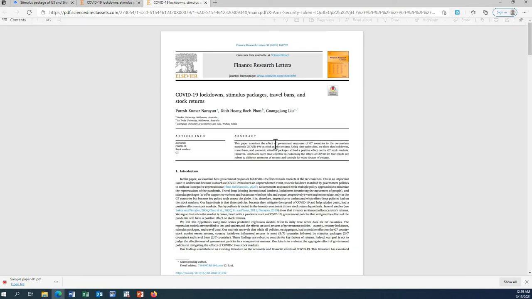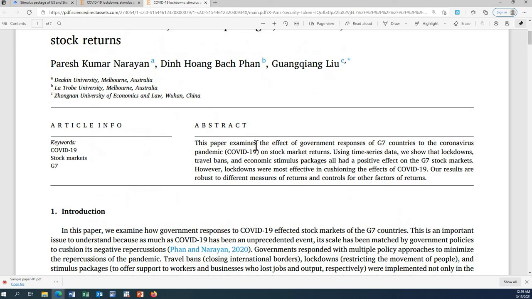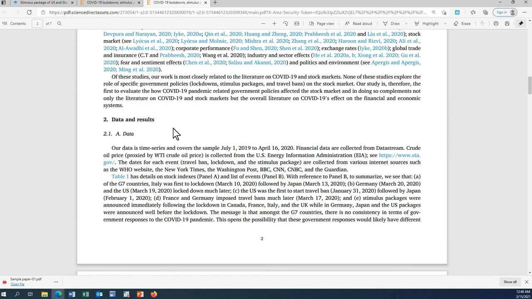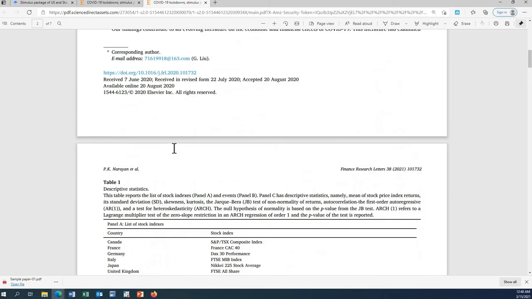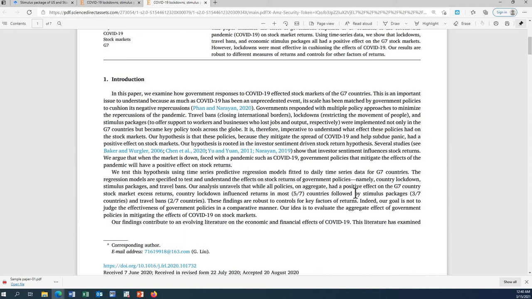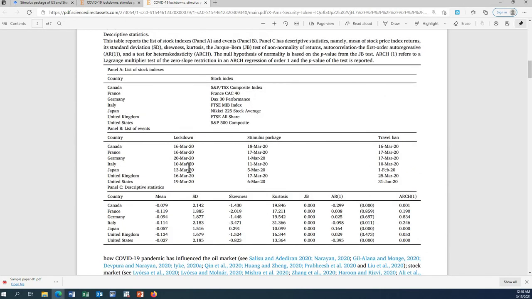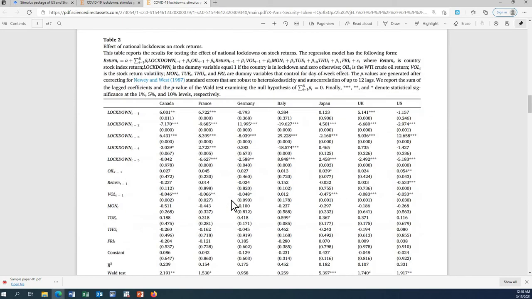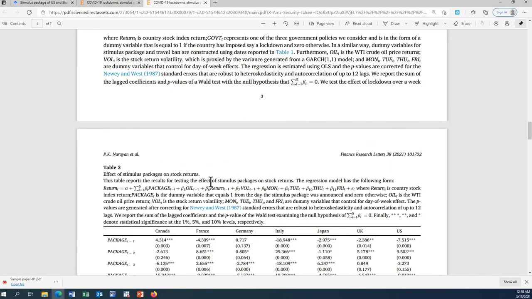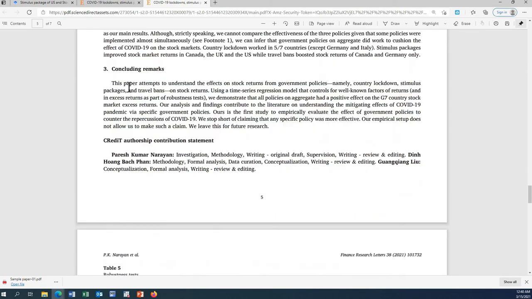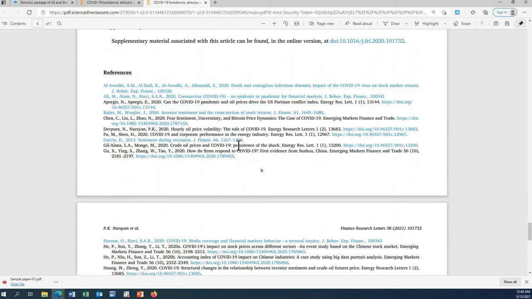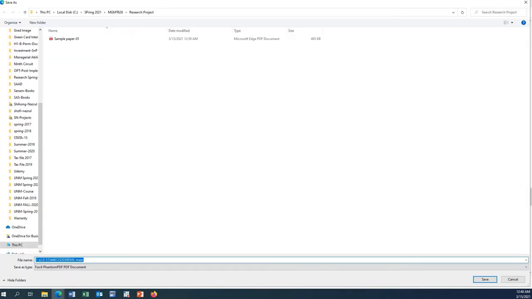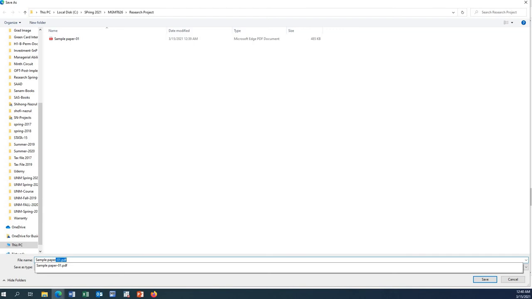Let's see what we can find from here. Introduction, data. So in the introduction, they have actually explained everything. That is why they did not use the literature and hypothesis, data and analysis, the results. Okay, and finally concluding remarks. Okay, this is how they have done. Sample paper 2.